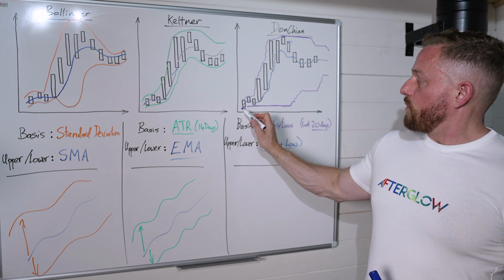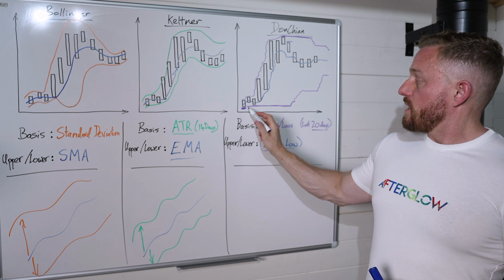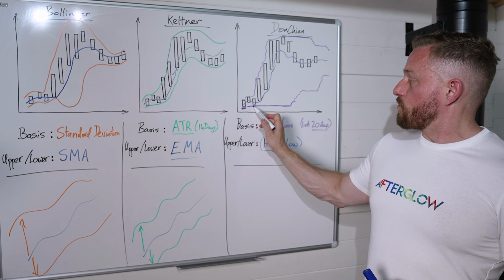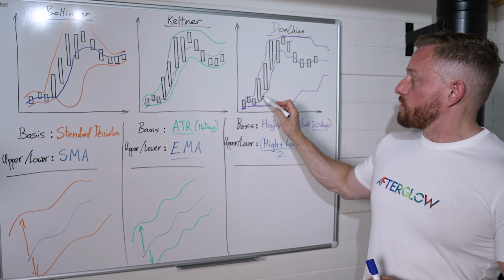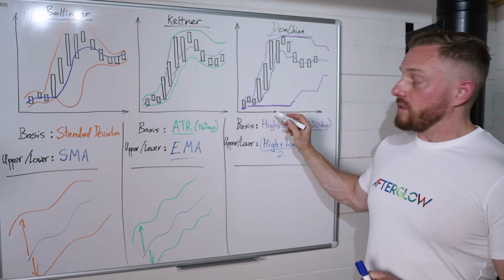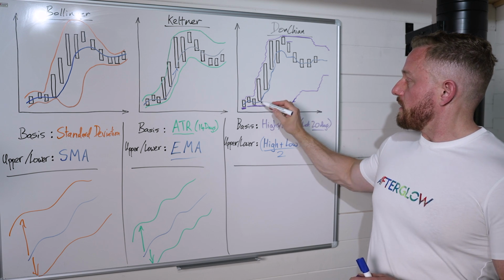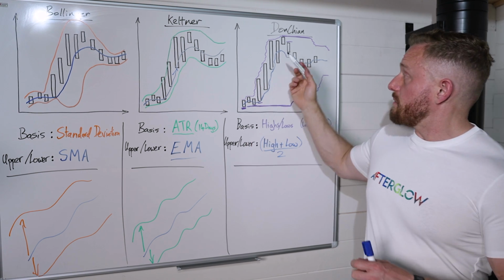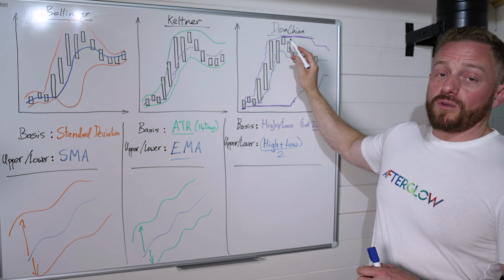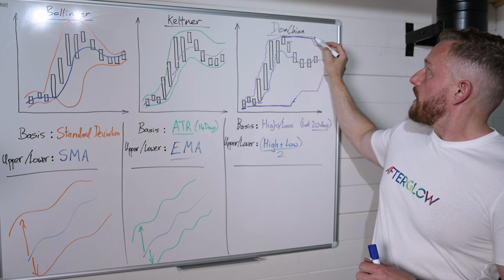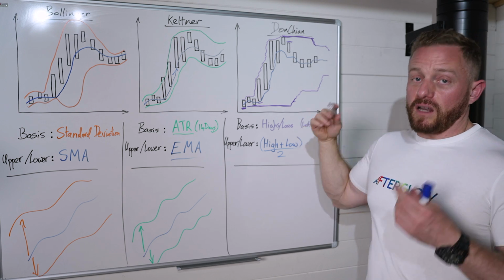So for example, this low point here in the candles, the Donchian Bands is just drawn as a horizontal line, and then as the candles move up after 20 days have passed, this will shift up to the next low, and then the next low, and so on. And similarly for the high points, when you get to the high, it draws the horizontal Donchian upper band, and then after 20 days, that will step down lower, like so.